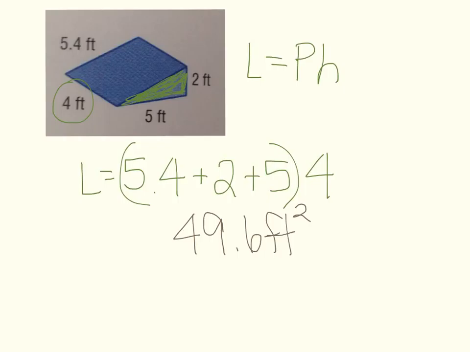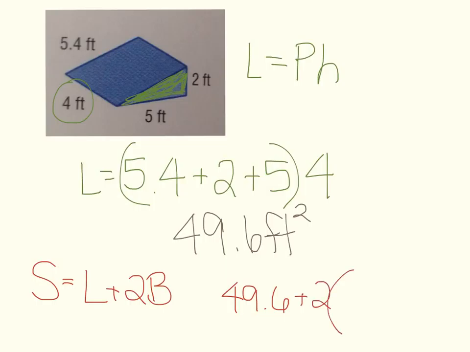To find the surface area, you have your surface area equals your lateral area plus 2 times the area of the base. So we know that our lateral area is 49.6. We're going to add this to 2 times the area of the base.